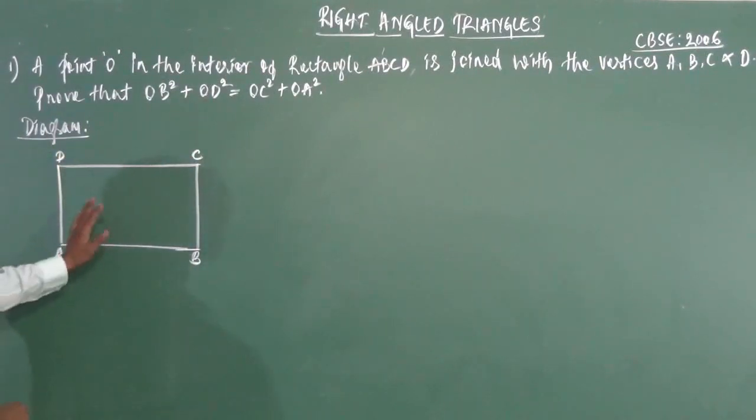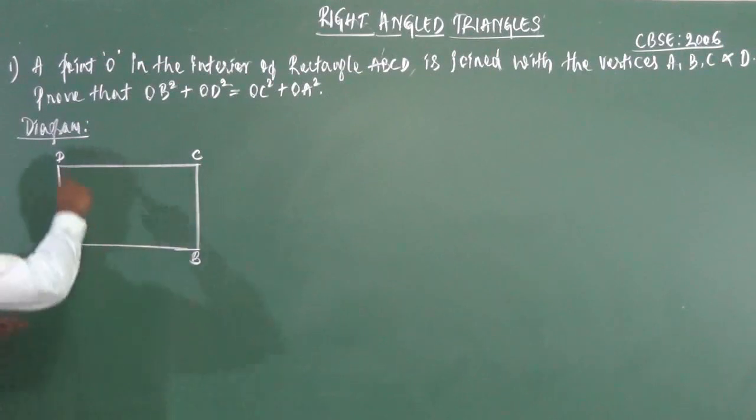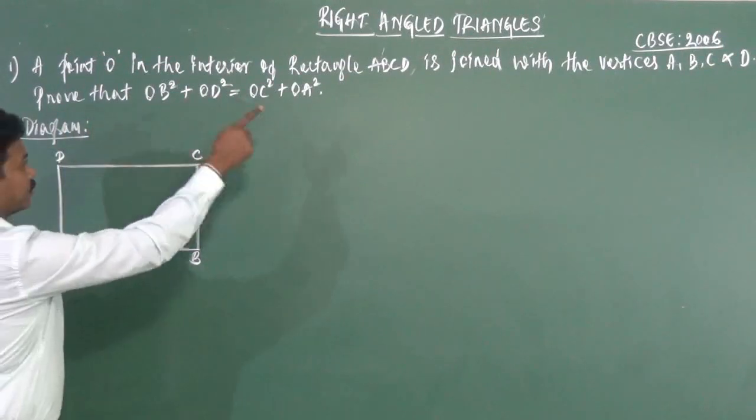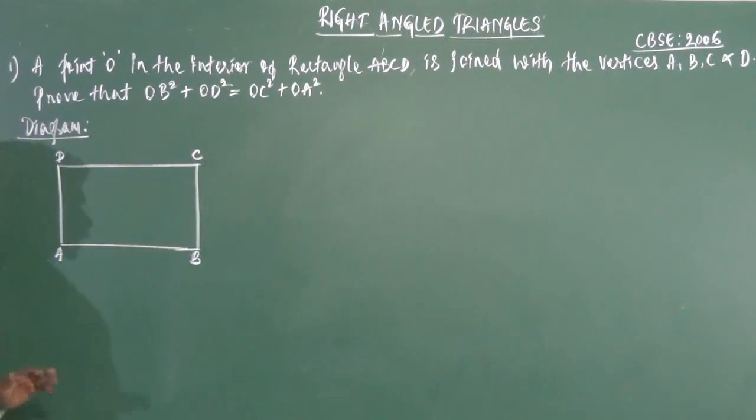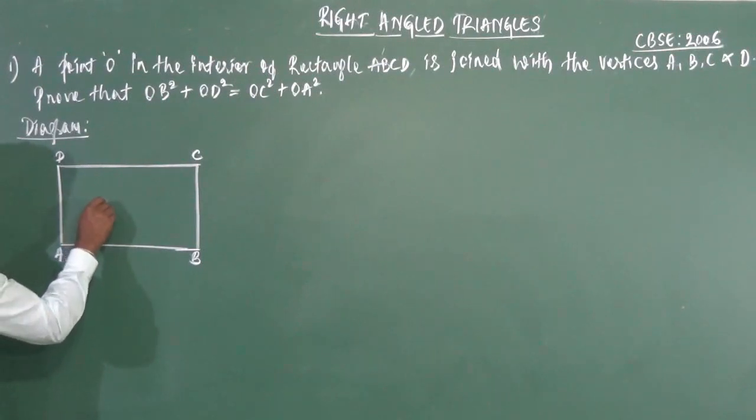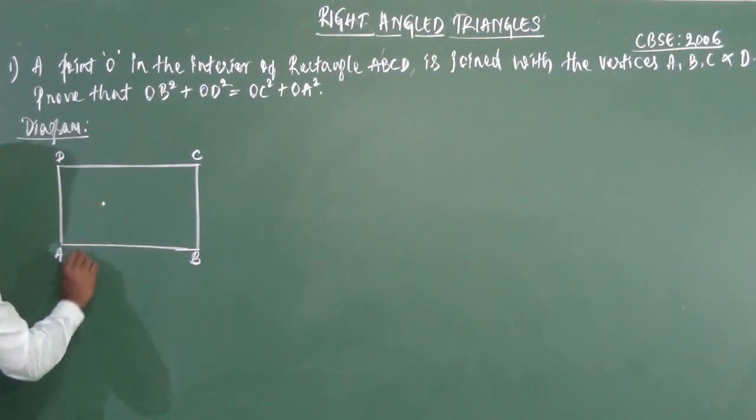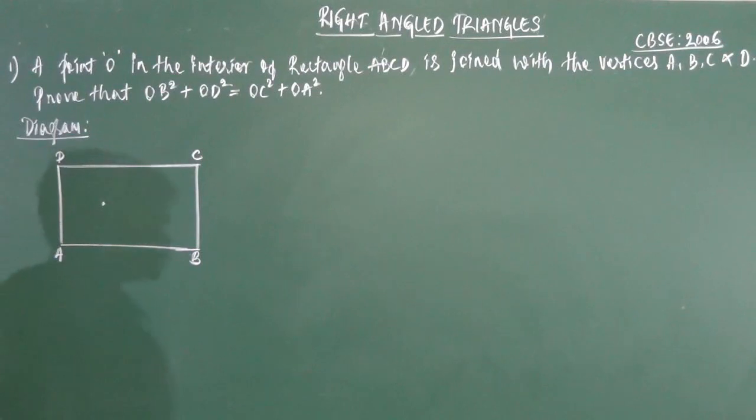Now, ABCD is a rectangle. We have the point O in the interior of rectangle ABCD. I don't know where to locate it, but the only data is that it is inside the rectangle ABCD. I will place the point O here. You can place it anywhere you want.